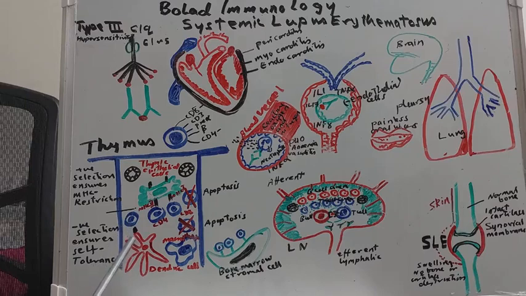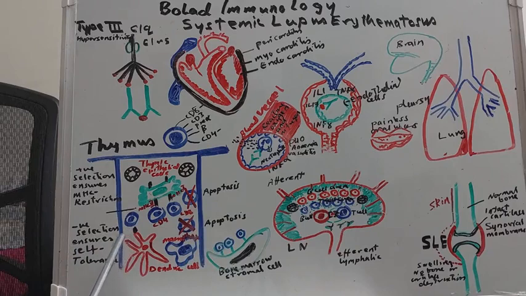And here, if they recognize the self-antigen in association with self major histocompatibility, they will be saved. But if they fail to recognize the self-antigens, they will be killed by apoptosis, and this is known as negative selection.